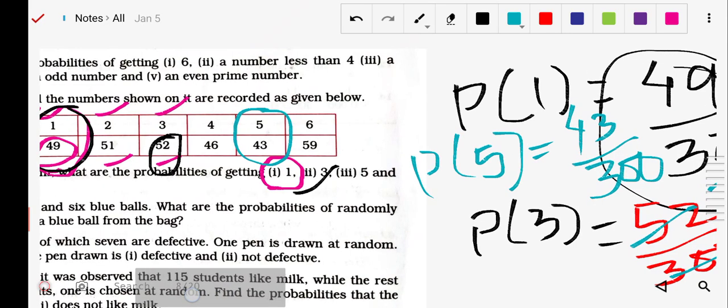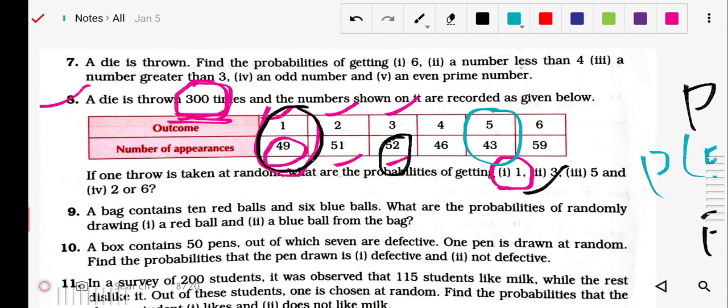Now question number 4: 2 and 6. What is the probability of getting 2 or 6?